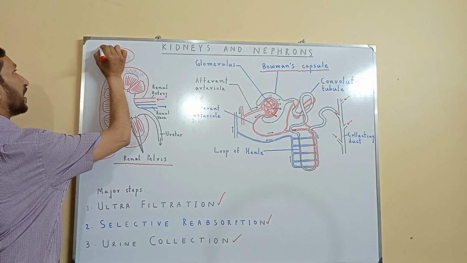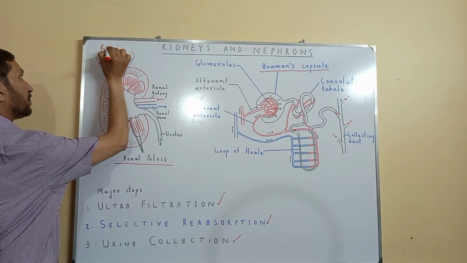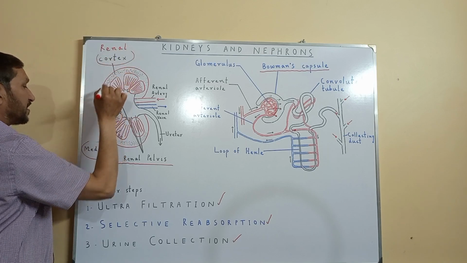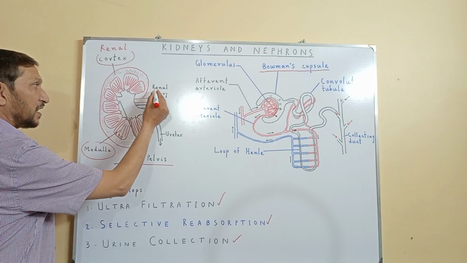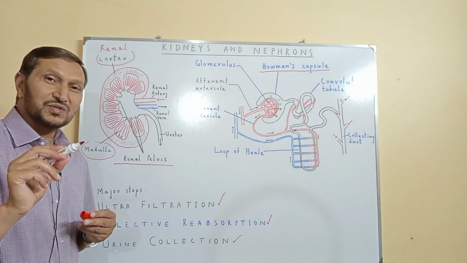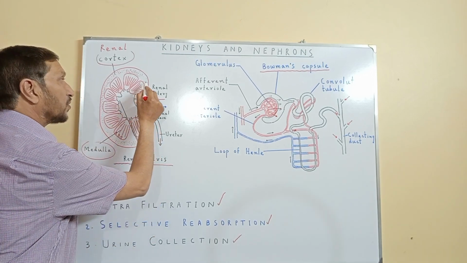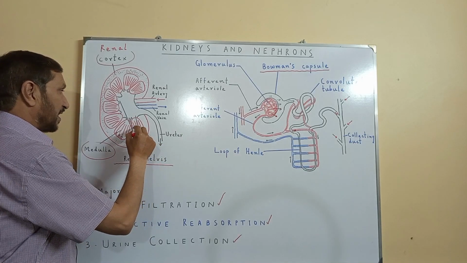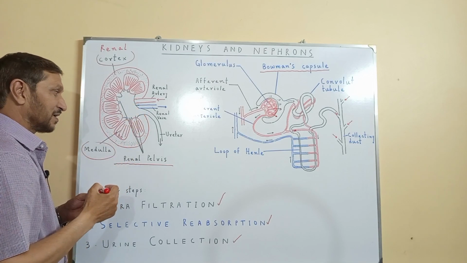If I write the complete names: renal cortex and renal medulla, and renal pelvis, and renal artery and renal vein. Remember, the term renal is associated with the kidney. So the renal cortex is the outer region of the kidney, and the inner region is called the medulla or renal medulla.